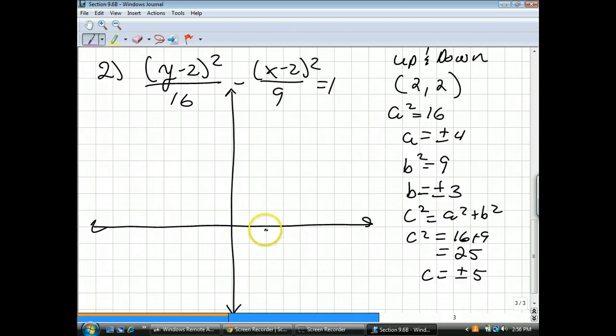So the center is at (2, 2). And so from there, I'm going to go up 4, down 4, because my a is underneath the y, so that's up and down. 1, 2, 3, 4, and 1, 2, 3, 4. Then from my center, I'm also going to go right 3, left 3.